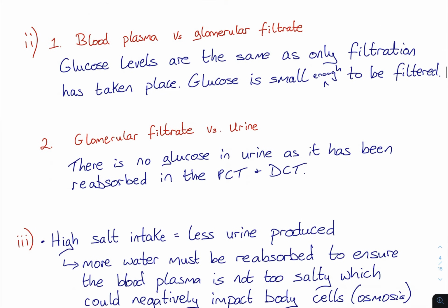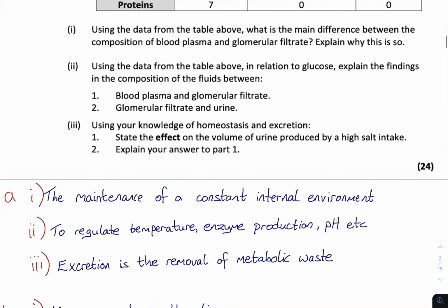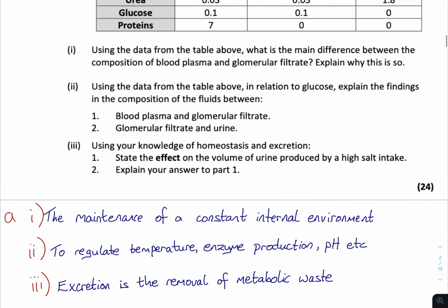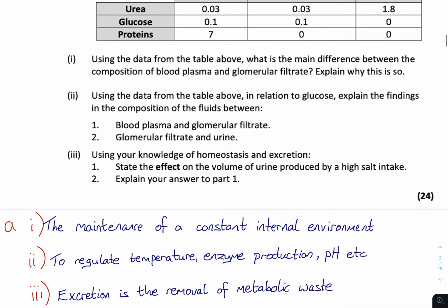So your answer there is no glucose in urine, as it has been reabsorbed in the PCT and the DCT. Okay. And that's probably going to be enough. It may be possible that there was more asked or more expected. I won't know until there is a marking scheme attached to this.